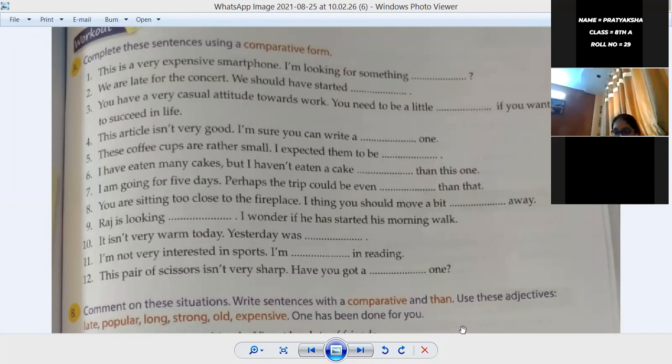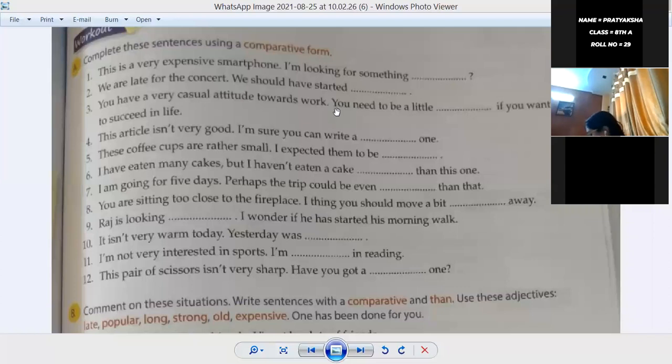I'm going for 5 days. Perhaps the trip could be even longer than that. Next one. You are sitting too close to the fireplace. I think you should move a bit farther away.